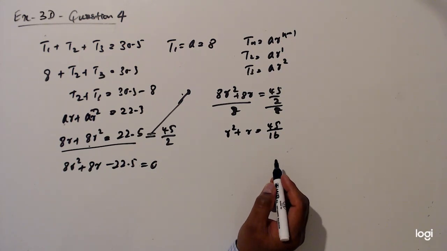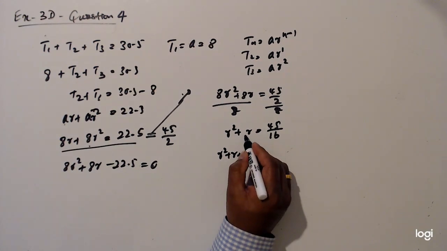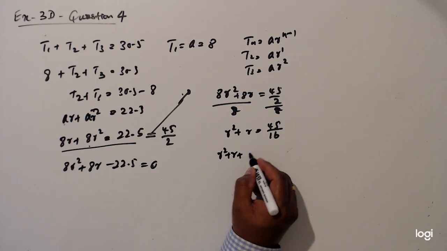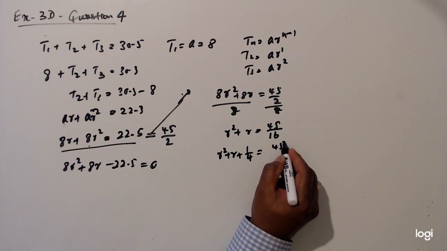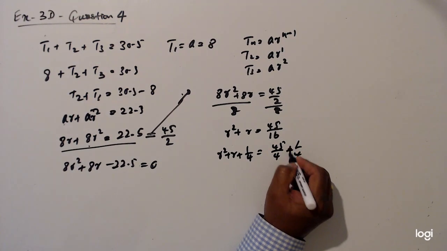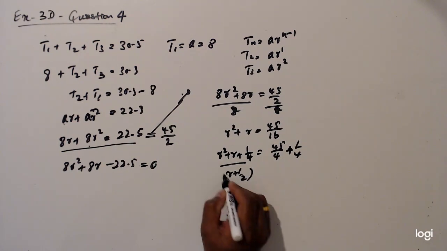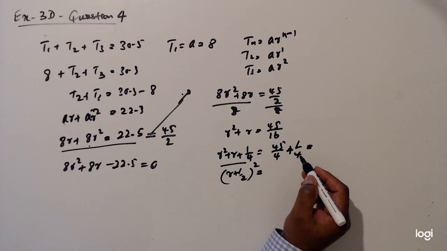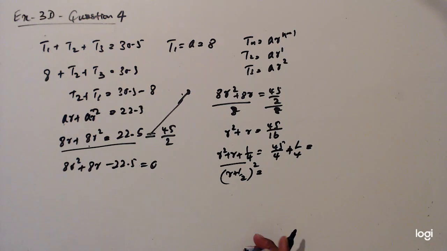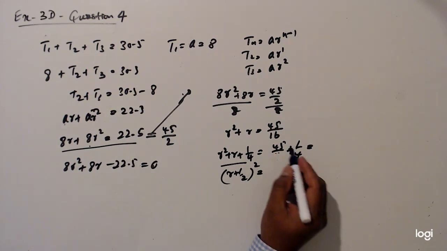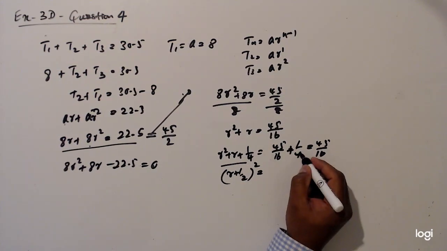Now I am completing the square. So R squared plus R, half of this one is half. So I add half squared, 1 over 4, to both sides. So then this is going to be (R plus half) squared, and this is 45 over 16 plus 1 over 4.